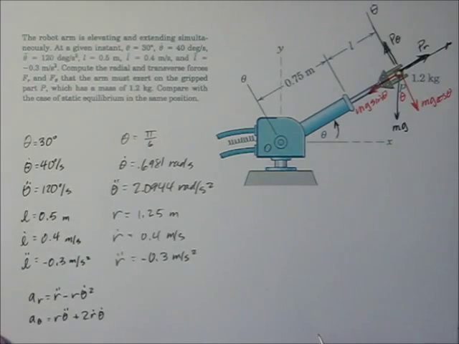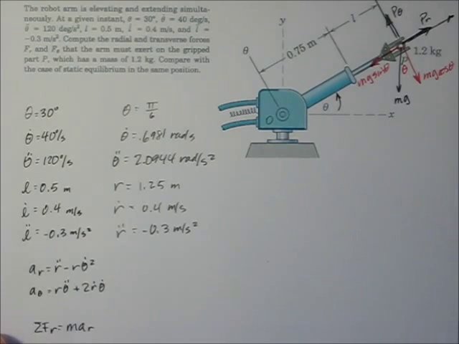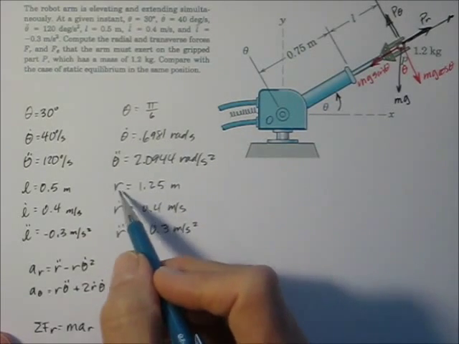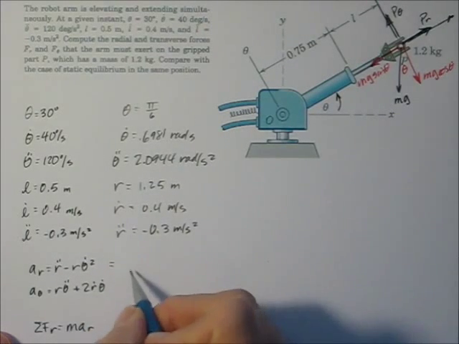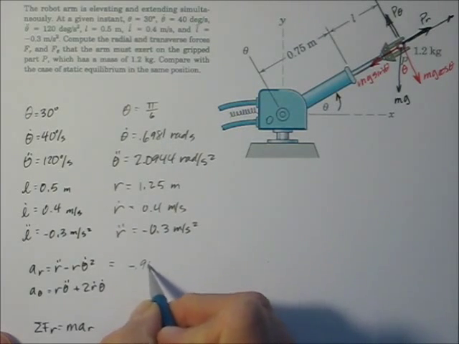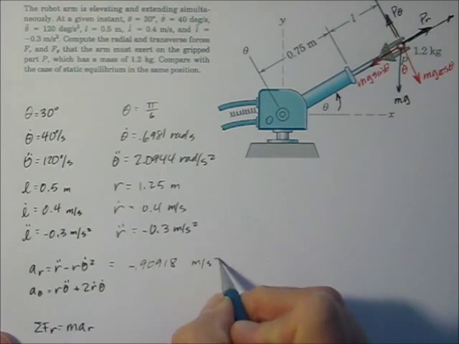Okay, remember in chapter 12 we had to find the acceleration in the r direction and the acceleration in the theta direction. So I'm just going to plug all these numbers into this equation, and I'll let you fill in the gaps and do the math, but it turns out the acceleration in the r direction is minus 0.90918 meters per second squared.